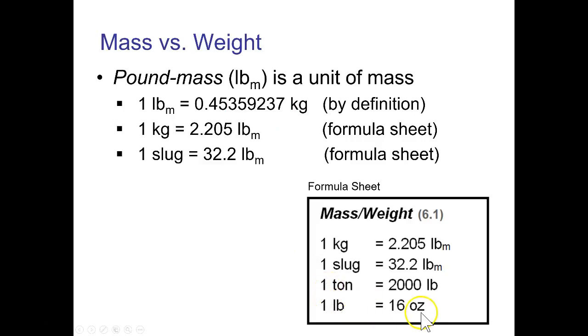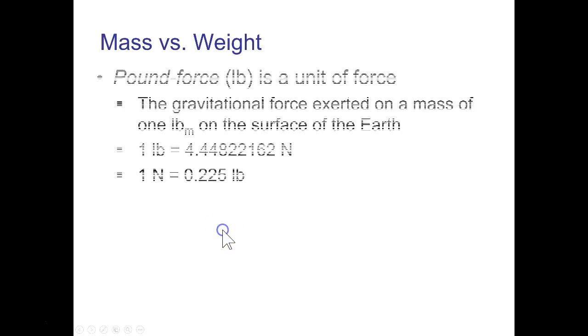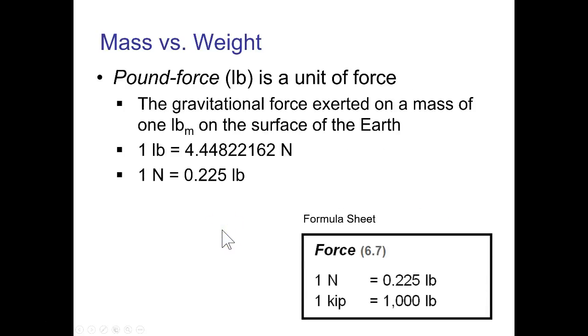Something else you might want to pay attention to is down here. 1 pound is 16 ounces. 1 ton is 2,000 pounds. Again, I'm not going to worry about slugs. And this is relating pounds to newtons. What I have planned so far, we will not need to do that, but if I decide to use this, we will discuss it more.